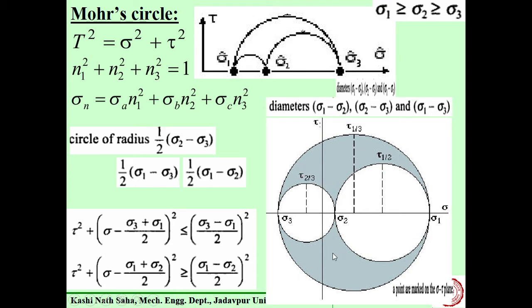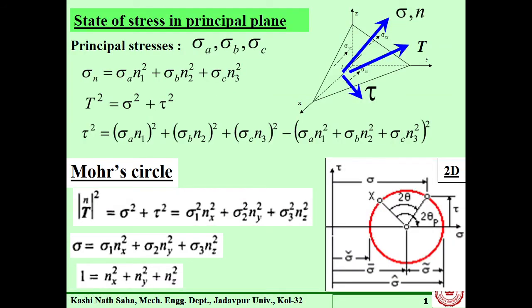This is the possible region of state of stress. What does it mean? These are the possible sigma and tau values which we can get from our given state of stress. Clear?